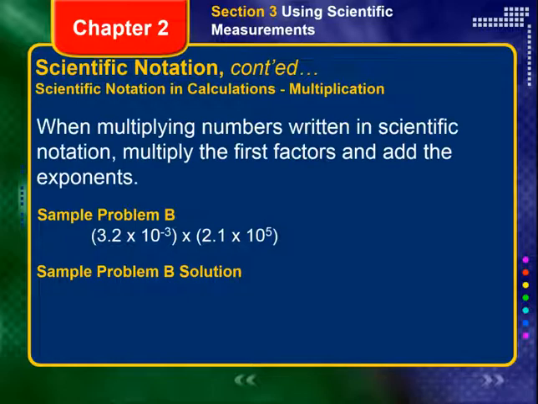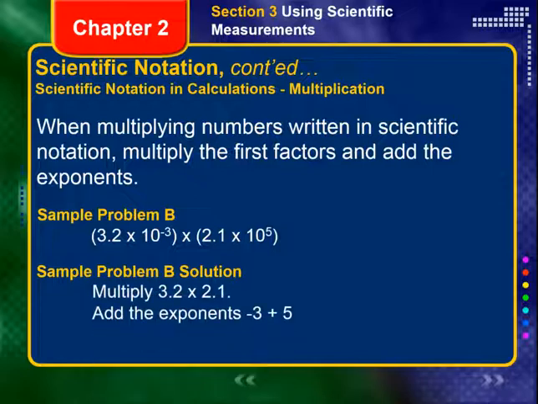So let's look at a sample problem. When multiplying numbers written in scientific notation, multiply the first coefficients, right, and add the exponents. So here's my sample problem. I have 3.2 times 10 to the negative 3 multiplied by 2.1 times 10 to the fifth. So I'm going to multiply those first two numbers, right? I'm going to multiply 3.2 by 2.1, but then I'm going to add the exponents, right?